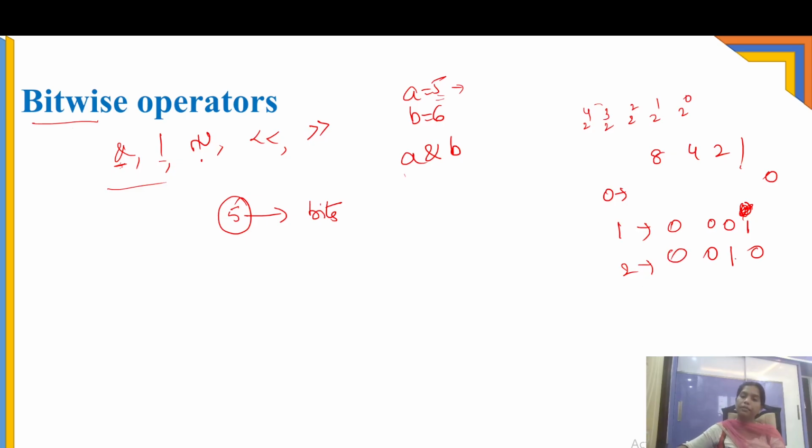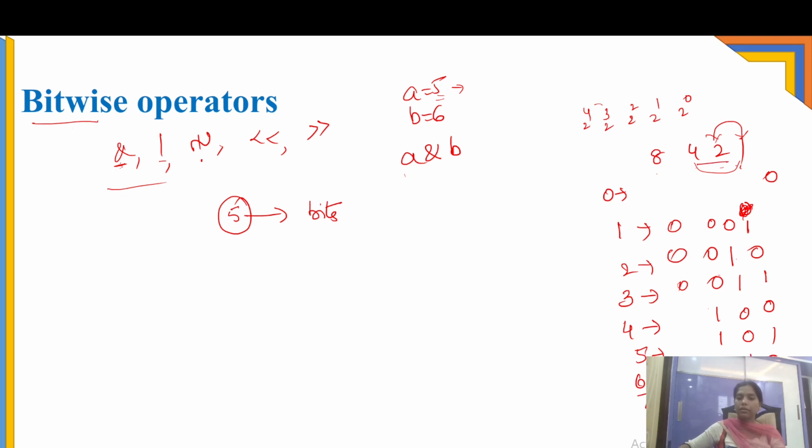For 2, under 2 you place 1. For 3, there is no place value, right? So 2 plus 1 is 3. So for 2 and 1 we keep 1s and the remaining 0. For 4, there is a place. For 5, 4 plus 1, so 1 0 1. For 6, 4 plus 2, so 1 1 0.